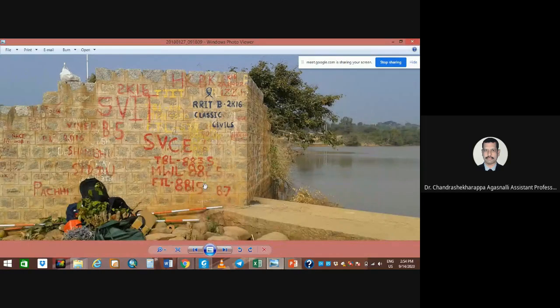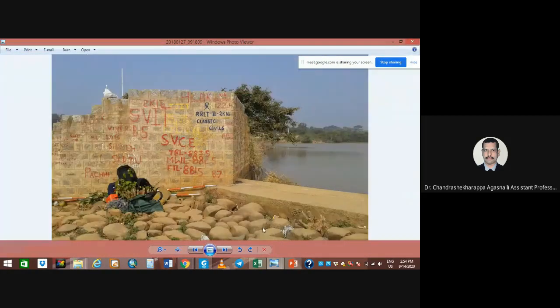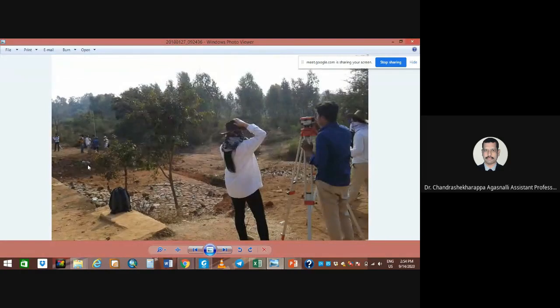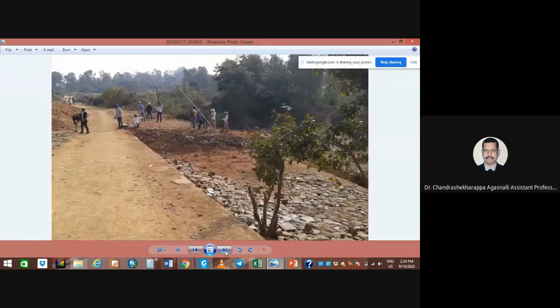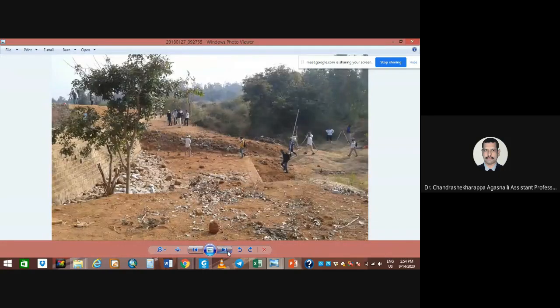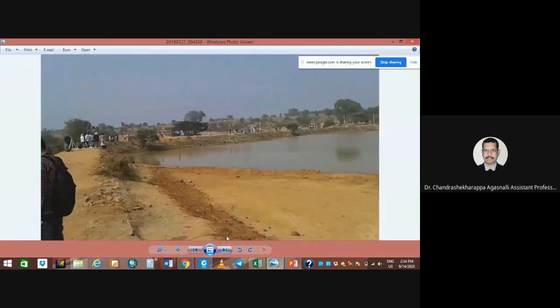That depends on the person, on how they carry out the things. Okay, these are the known RLs that we are going to keep, and with respect to this they are going to establish the rest of the RLs and points, and carry out the rest of the surveys.